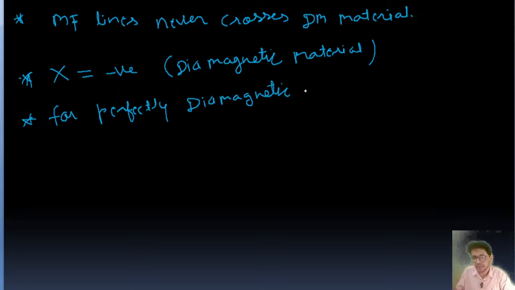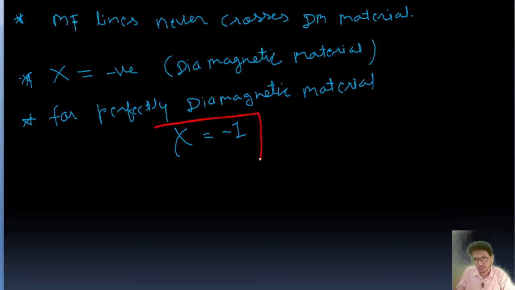For a perfectly diamagnetic material, the value of chi is equal to -1. This is also important. It is exactly -1 for perfectly diamagnetic material, and the value of chi is -M upon H. That I have also explained in my previous lectures.